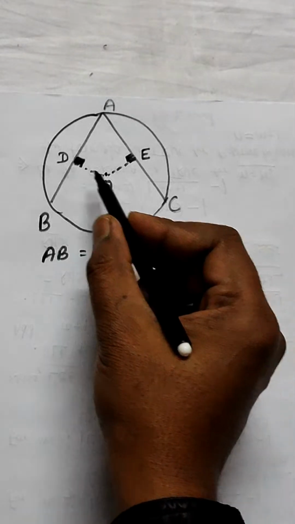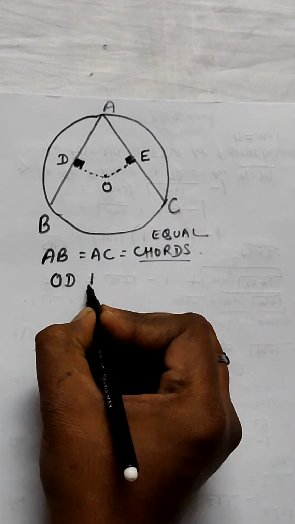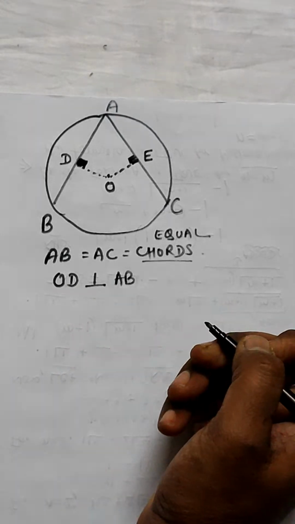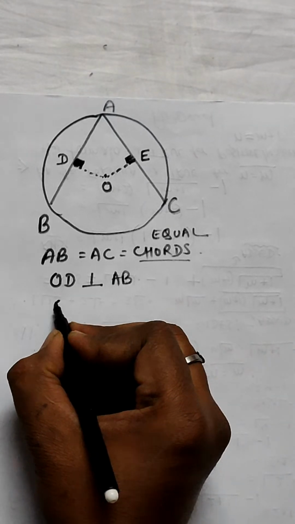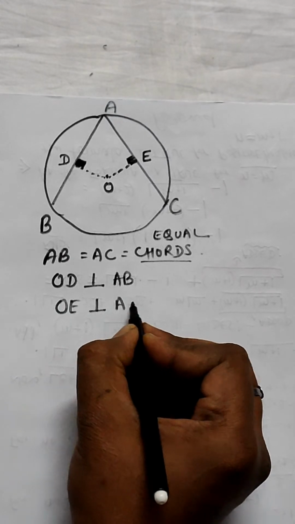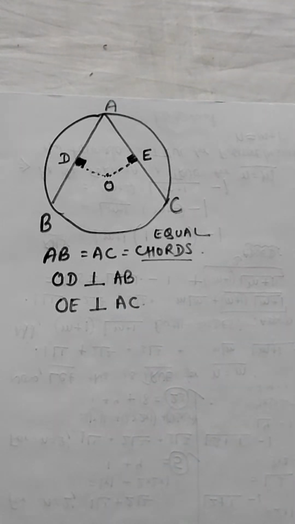And it's also given that OD is perpendicular to AB, and similarly OE is perpendicular to AC.